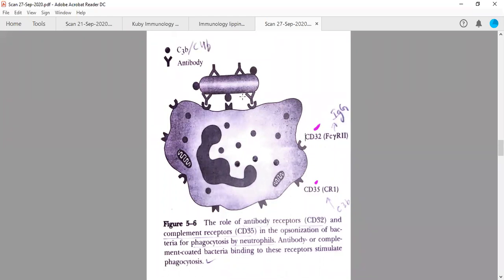These are complement proteins, right? They will bind with these receptors: the antibody will bind to CD32, and the complement protein will bind to CD35. CD is actually called cluster of differentiation, right? These receptors are present over neutrophils, so they will bind with the bacteria coated with antibodies and other molecules, right? This is called opsonization, and then we are talking about phagocytosis.